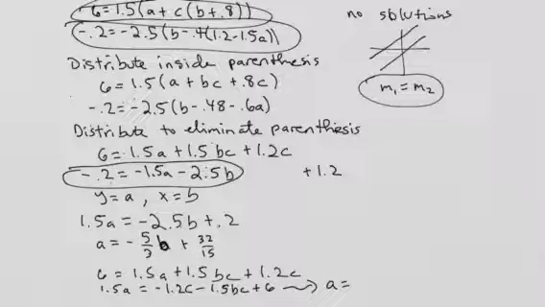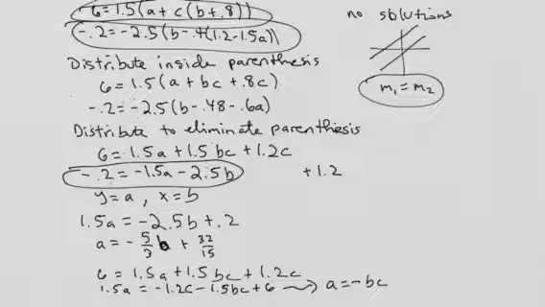But I'm going to get A equals negative BC, that's by taking this term and dividing it by 1.5, which is that.